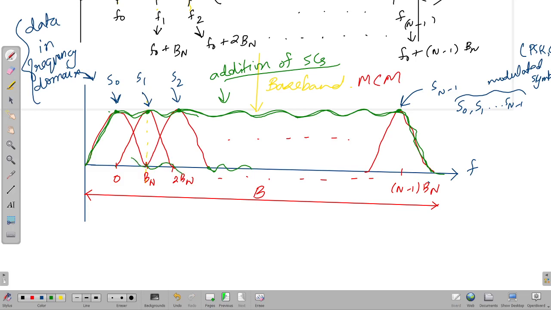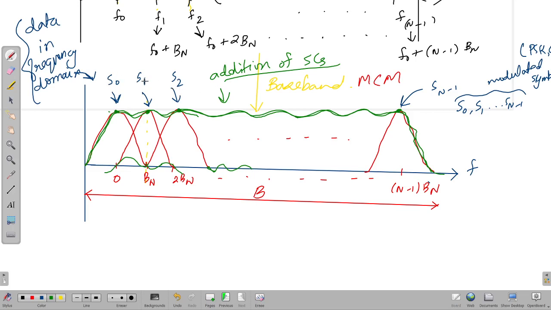This signal will have its 0 crossing point here. So at the point of sampling, even if there is some tail which extends to both sides, at the 0 crossing point all the subcarriers will have 0 crossing points at these sampling points, S0, S1 up to Sn-1.